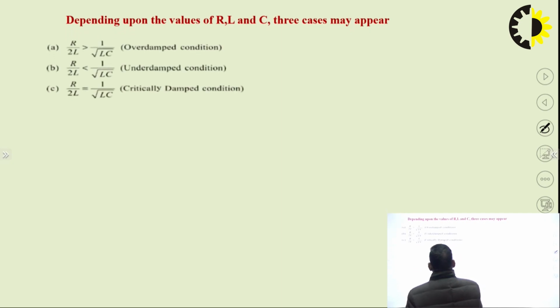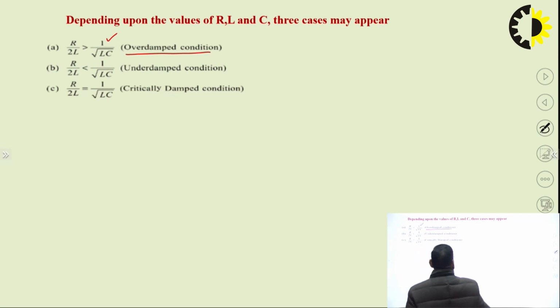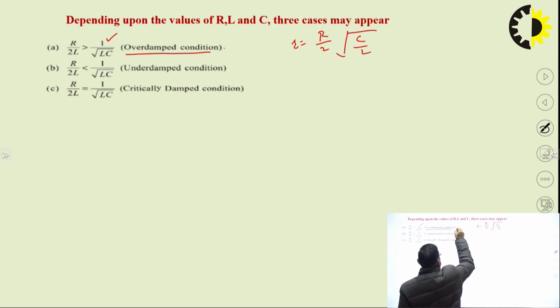So depending upon the values of R, L and C, there are three cases. When R by 2L is greater than 1 by root LC, this is the case of the overdamped condition, or we can also define it in terms of zeta, R by 2 root over C by L. In this case zeta is greater than 1.